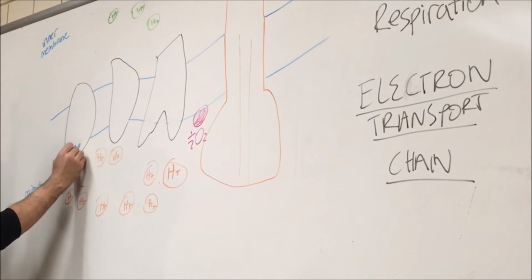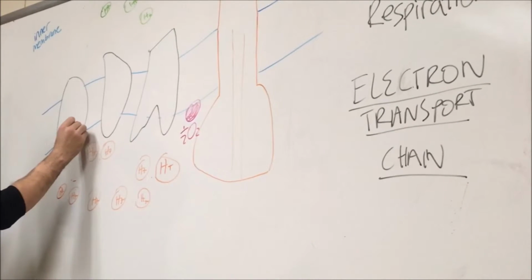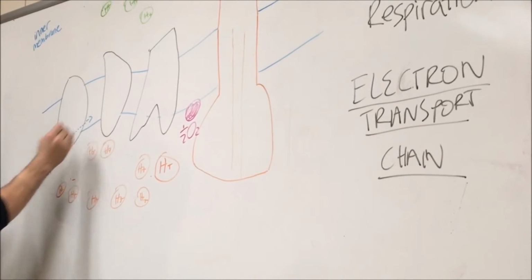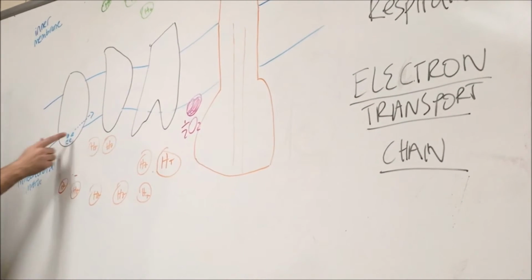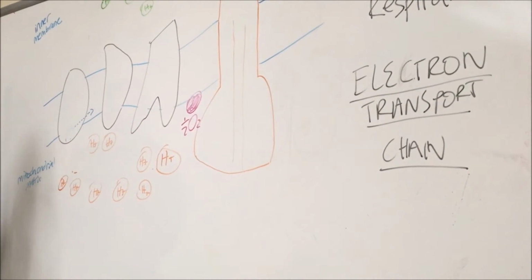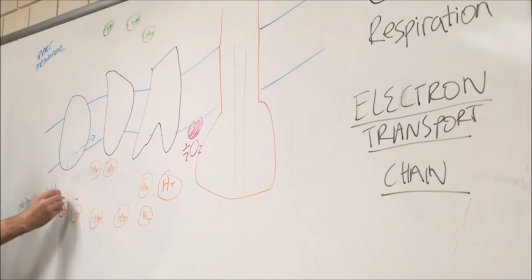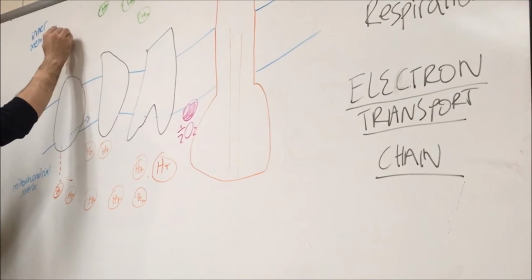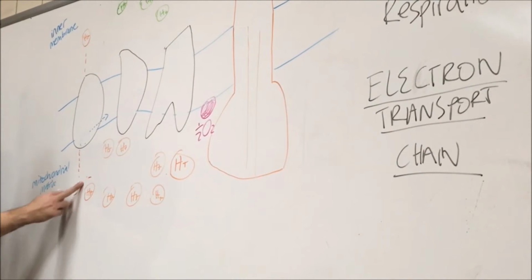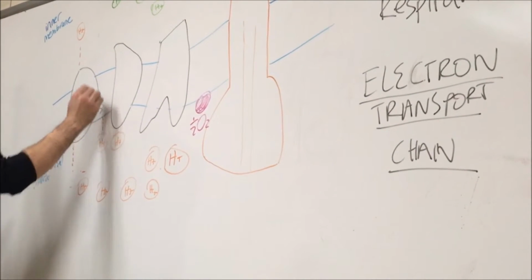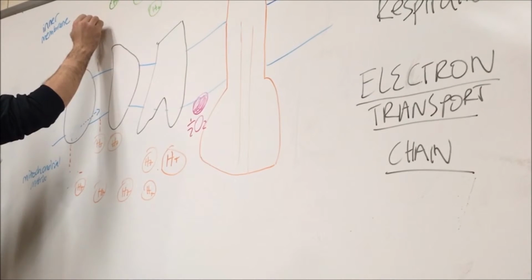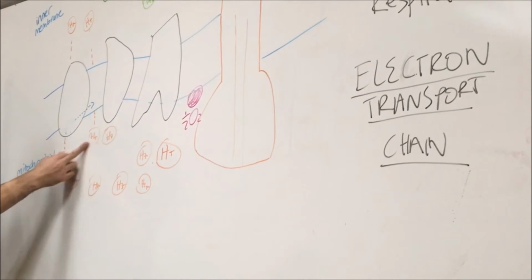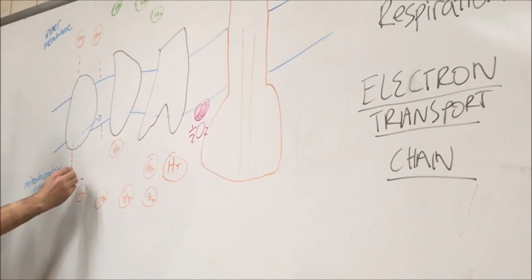The high energy electrons are being transferred by NADH and FADH2 from glycolysis, the preparatory reactions, and the citric acid cycle. The electron transport chain is a series of redox reactions that remove the high energy electrons from NADH and FADH2. As these reactions occur, energy is released and captured for ATP production.